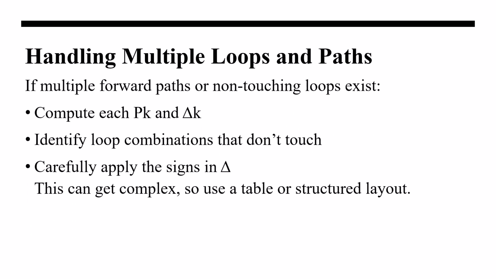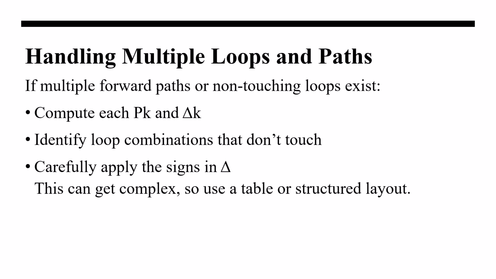The next topic is handling multiple loops. If you have multiple loops or multiple paths, you can get confused about where you are, so we need to take some considerations. If multiple forward paths and non-touching loops are present, first find the gains, and then the summation apart from the gains. After that, look at the loop combinations.